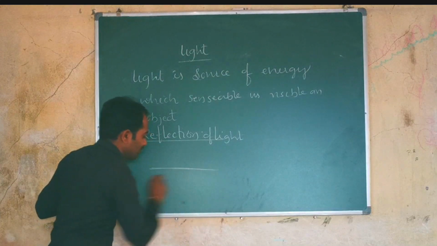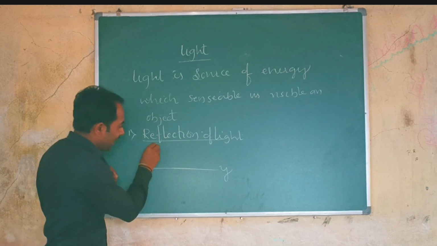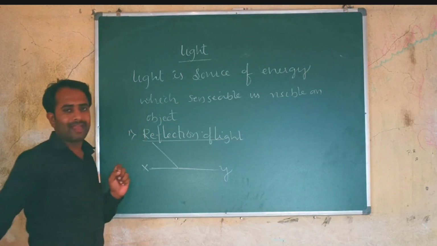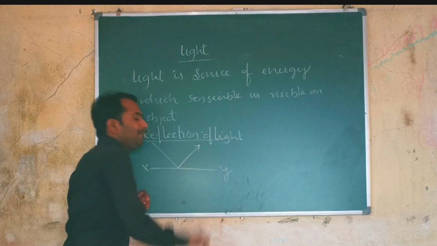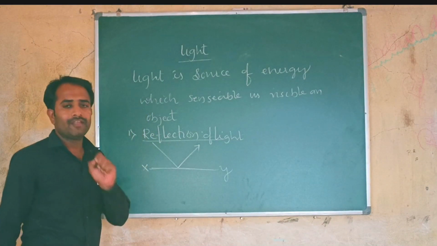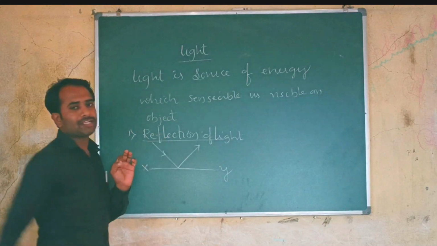Suppose X and Y is a shiny surface. If light falls on the XY shiny surface, it bounces back and is reflected. Such a phenomenon of light is called reflection of light.